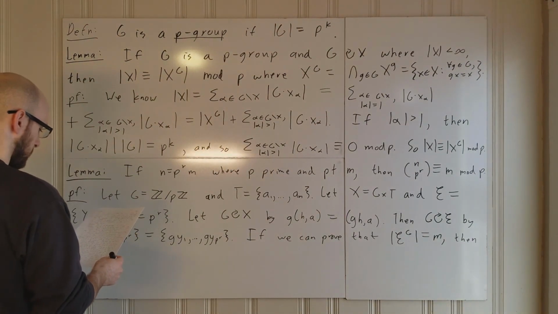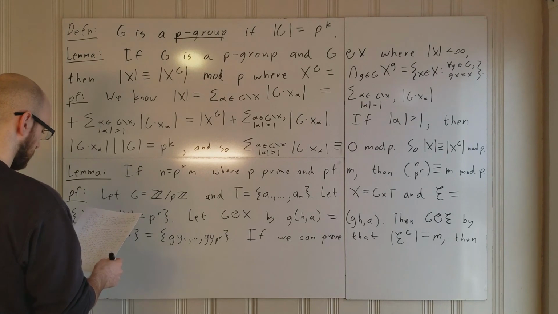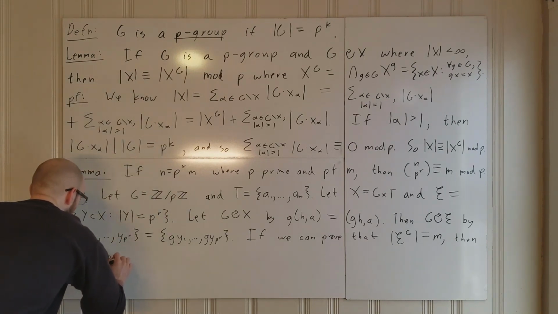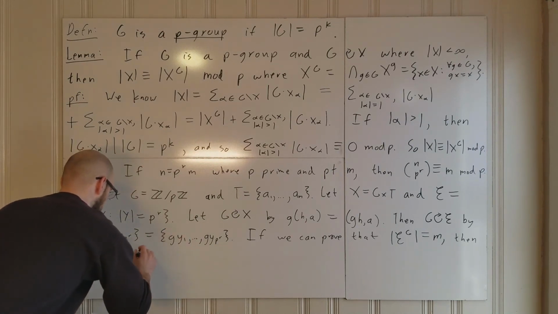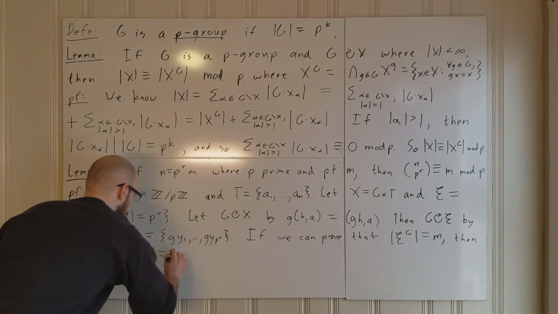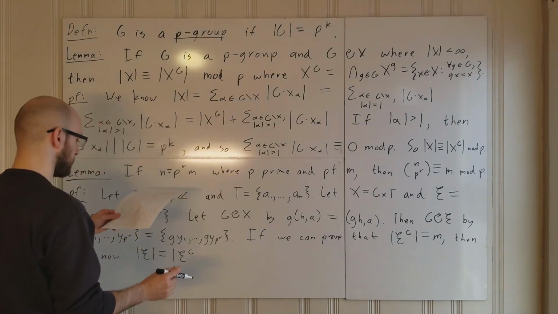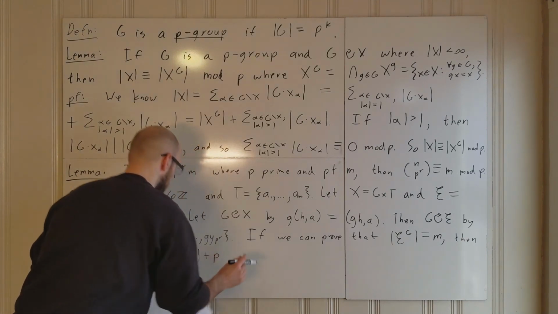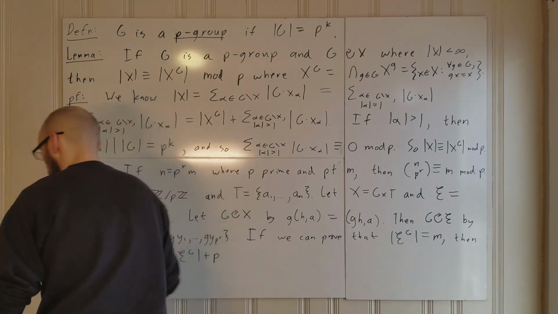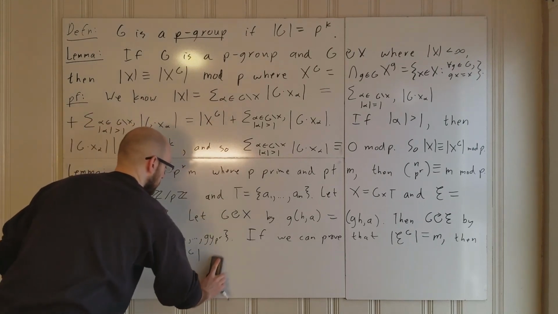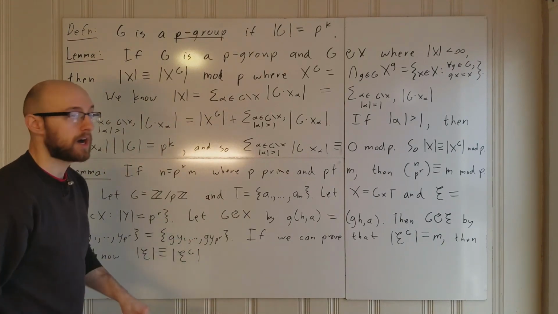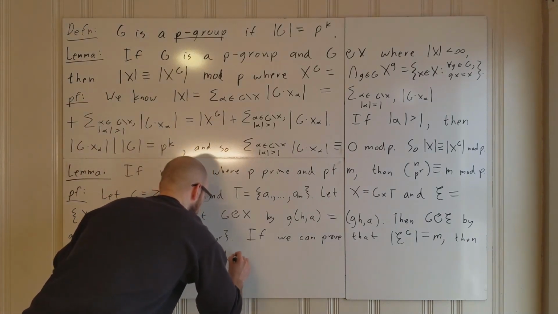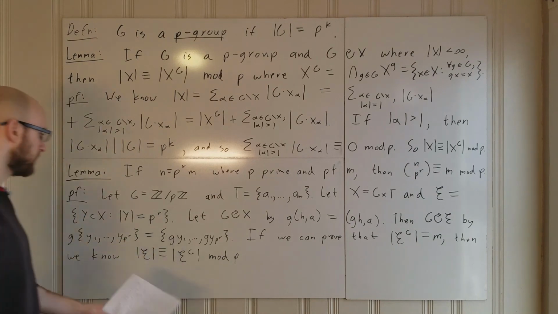Then we know by the last lemma that the size of E is equivalent to the size of E^G. No, it's not equal. That's not right. Ignore that. I did not write that in there. This is equivalent to this mod p. That's what I meant. Okay, so those two are equivalent mod p.